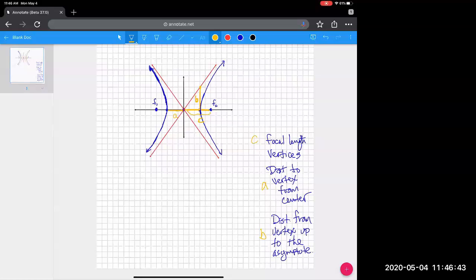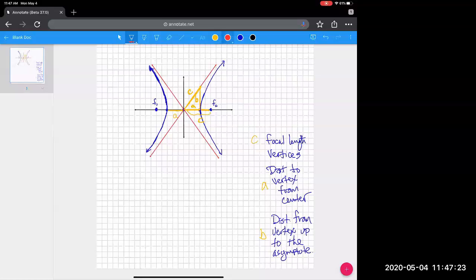So it just so happens that the focal length C is also the diagonal length from the center to where B hits the line. So this length here is also C. So that's the relationship in the line. The asymptotic lines happen to have a slope where the rise is B and the run is A, because remember in this triangle, this A here is the distance out to the vertex.